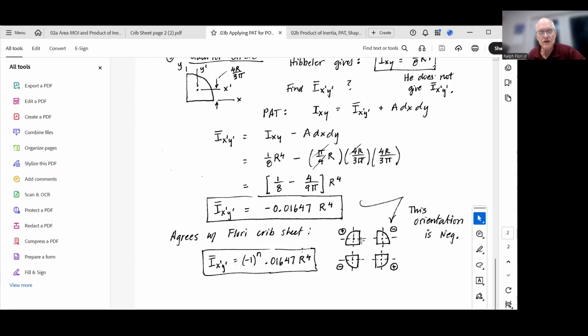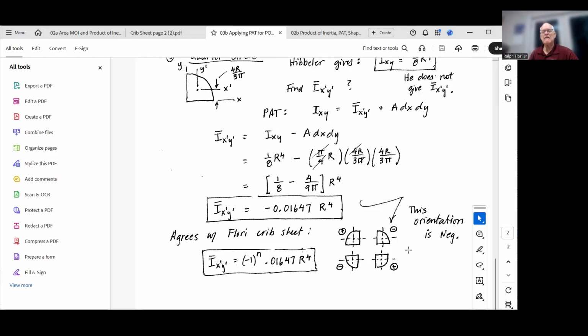Now, don't be confused. Earlier, we talked about a shape in quadrant 1 or quadrant 2 or quadrant 3 or quadrant 4. These shapes are not in quadrant 1, 2, or 3. This is just an orientation. This isn't a quadrant. So it's a subtle difference, but it's a difference.